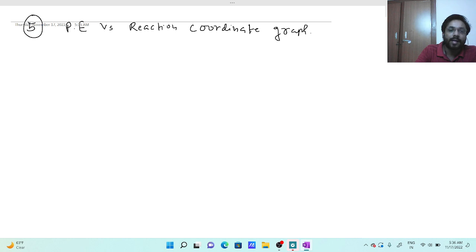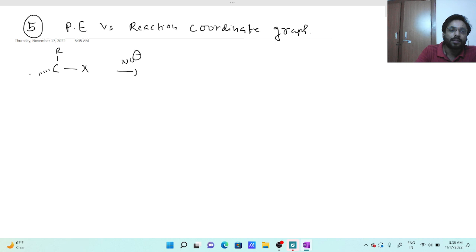This was the alkyl halide, carbon. Then the nucleophile was attacking over the alkyl halide. This was R, this was hydrogen, this was deuterium. The nucleophile is attacking over the alkyl halide, and the intermediate is formed. Here I'm writing it as the R H D carbocation.